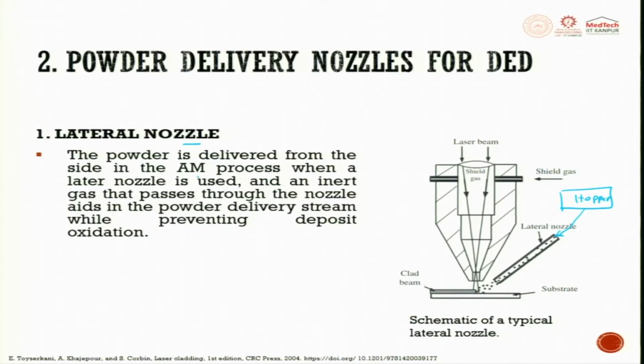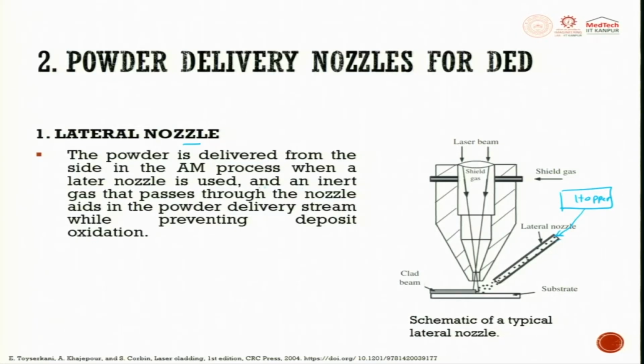The powder is delivered from the side in the additive manufacturing process when a lateral nozzle is used, and an inert gas that passes through the nozzle aids in the powder delivery stream while preventing deposit oxidation.